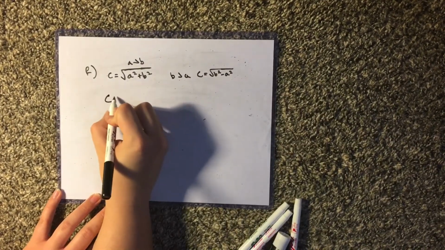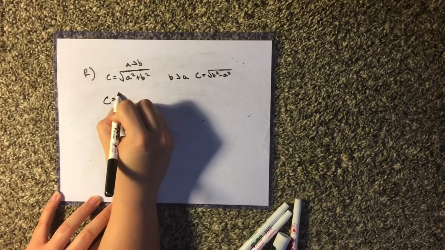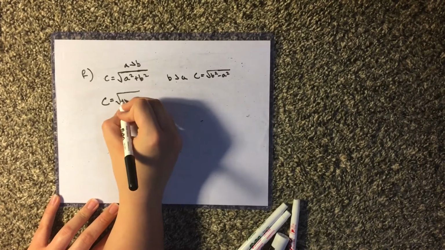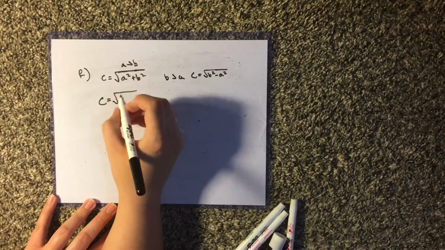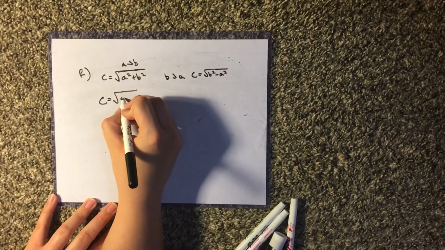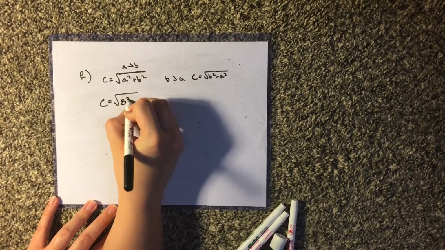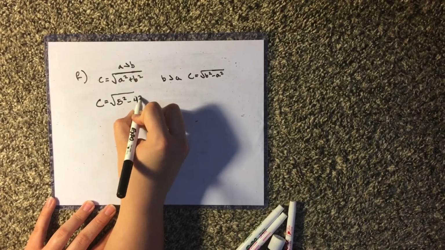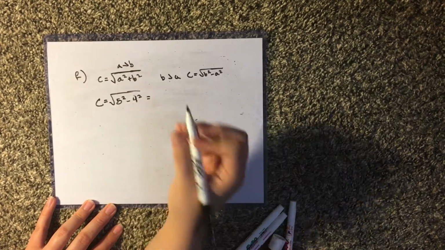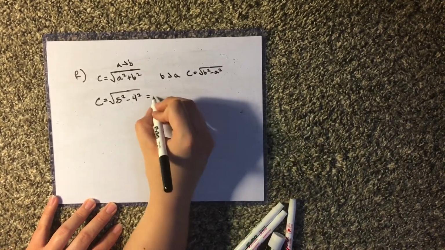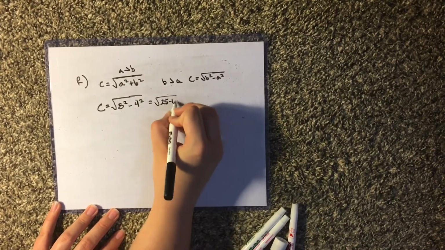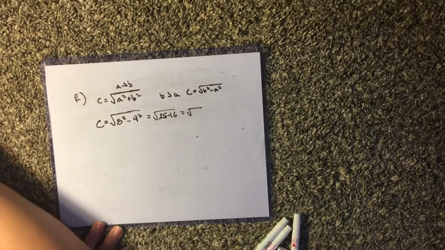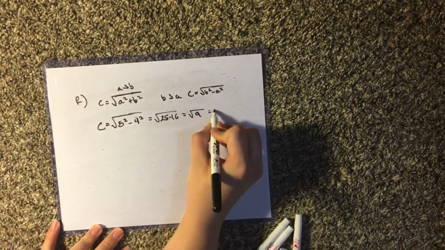Perfect. So c equals the square root of 5 squared minus 4 squared, which is the square root of 25 minus 16, which equals the square root of 9, which equals 3.